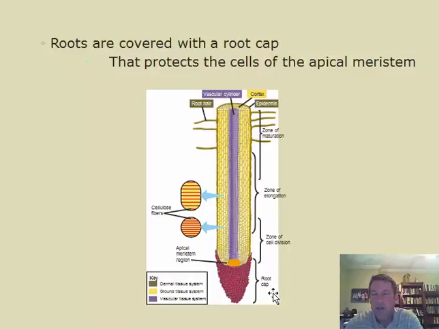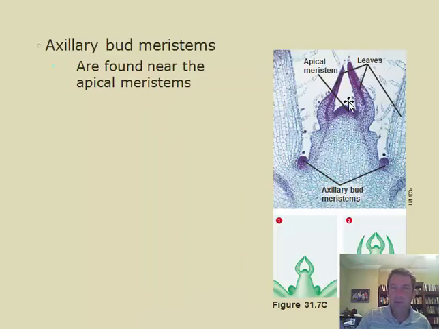That's called the root cap, and that's where our new cells are coming out as mitosis is taking place. And so that's where growth is occurring, right there at the apical meristem. So we see that in roots and in stems. All right, so here's the apical meristem, a microscopic image of the tip of an apical meristem on a stem.